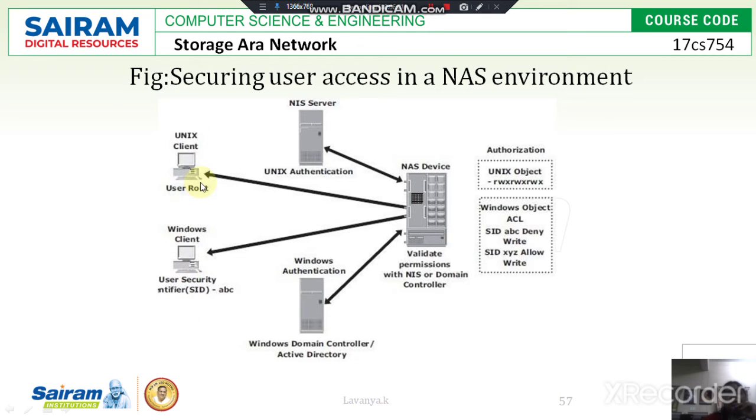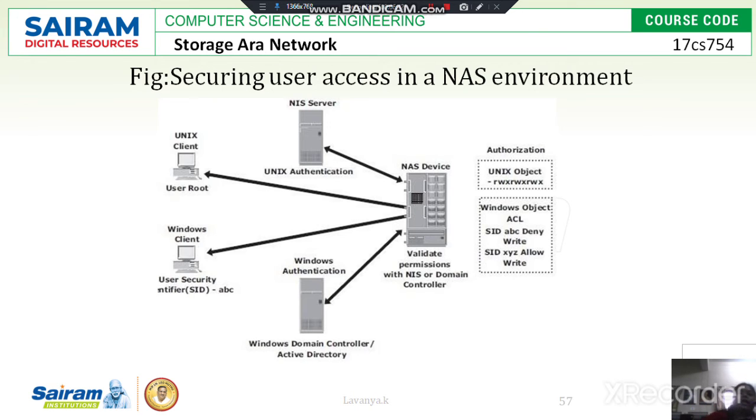The Unix client is going to access the data inside the storage device, storage infrastructure, or cloud. Only valid authorization or valid permissions are allowed, with either a network information server or a domain controller server. Either one of the servers, the valid permissions are expected by the NAS device, and only then can it allow that client to access the storage infrastructure.